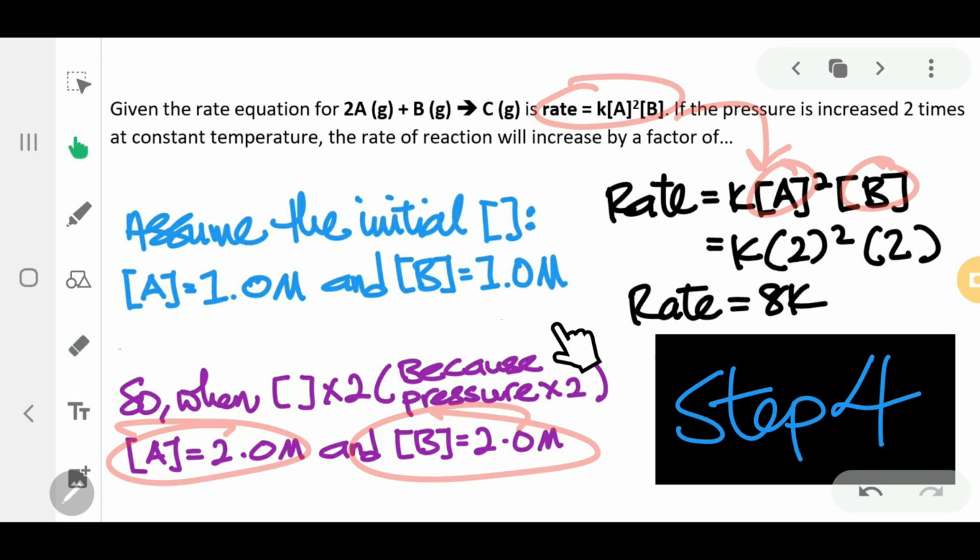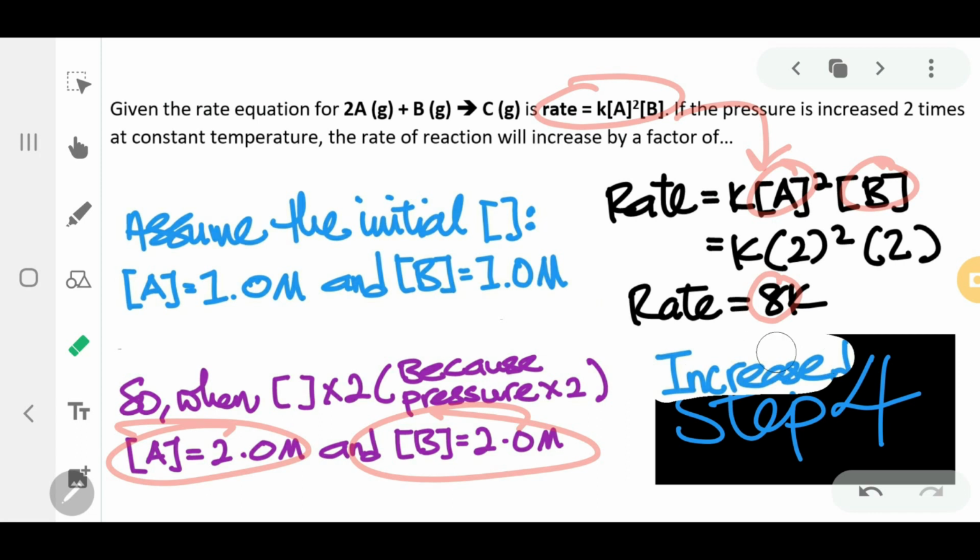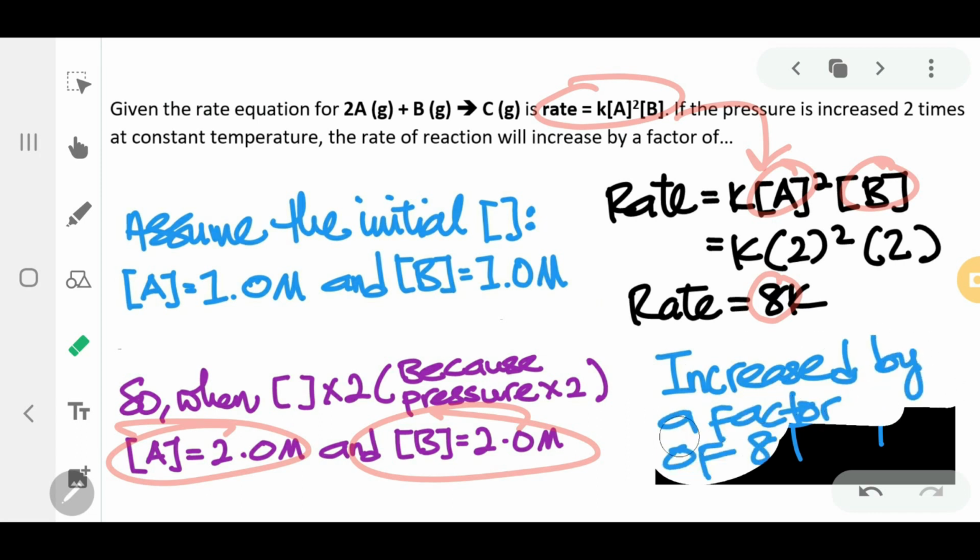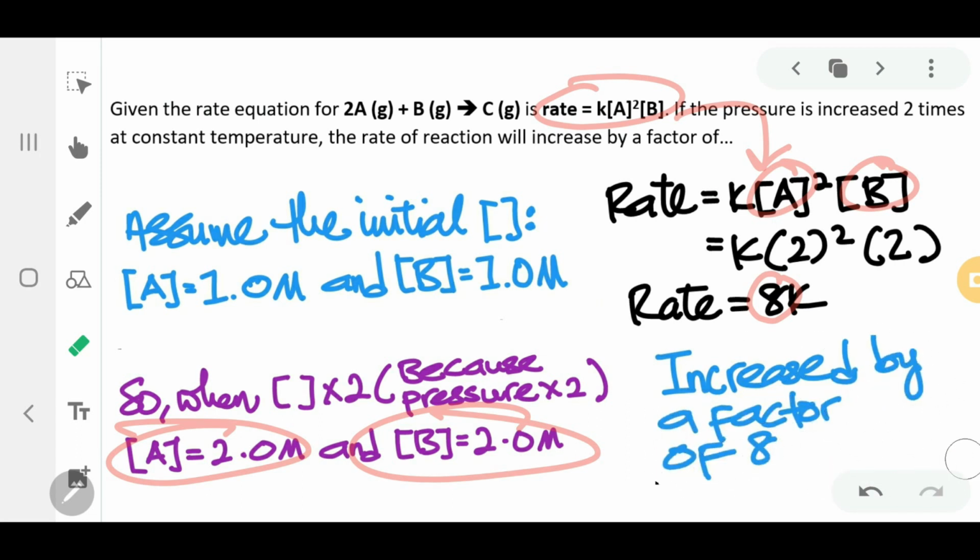So 2 is 2 right there, to the power of 2 times 2, you have 8. So look at the number 8. Therefore, the rate will increase by a factor of 8.